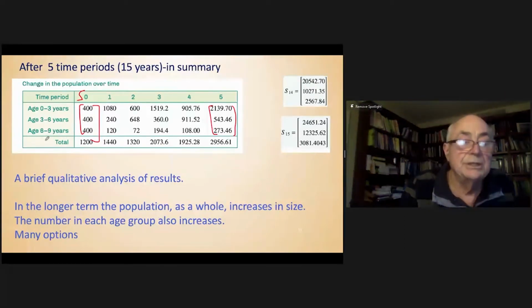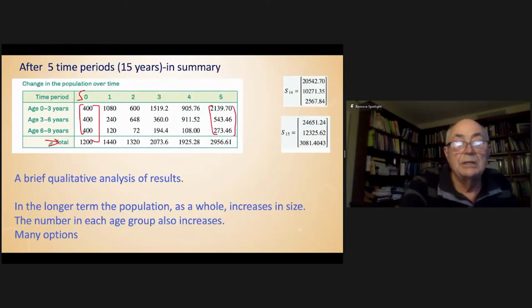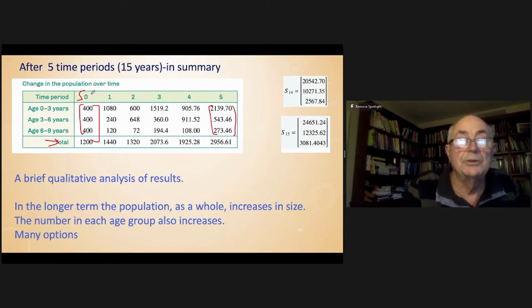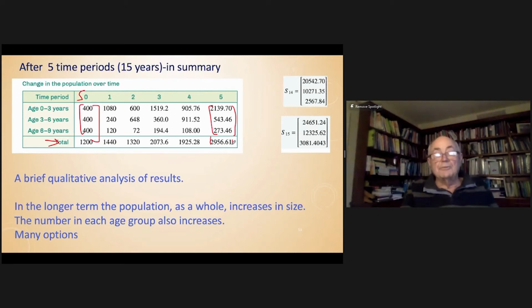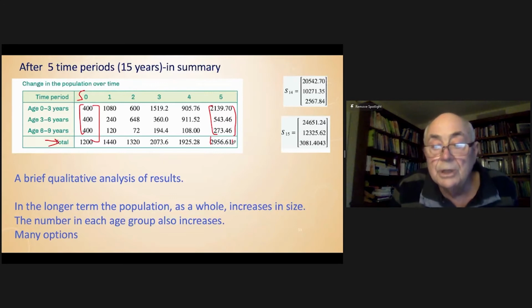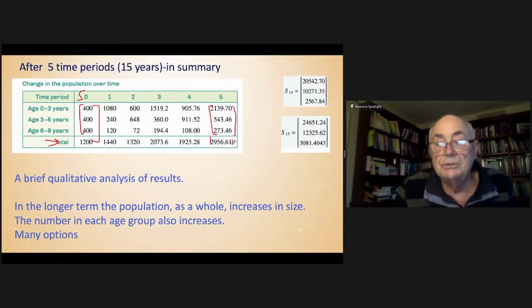So we can see here, this particular column shows the size of the population for each time period. So we start off with 400 in each group, it's 1,200. And as we go along, it's increased in total after 15 years to 2,956. I've got that right, haven't I? Yeah.